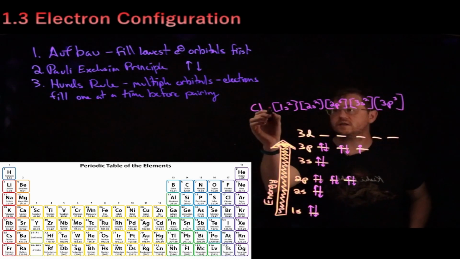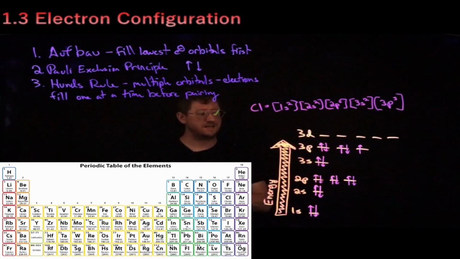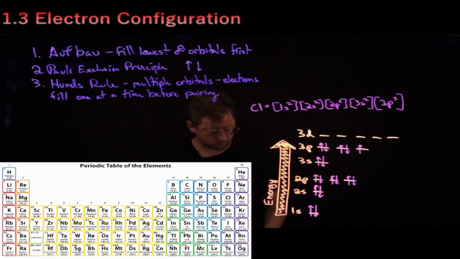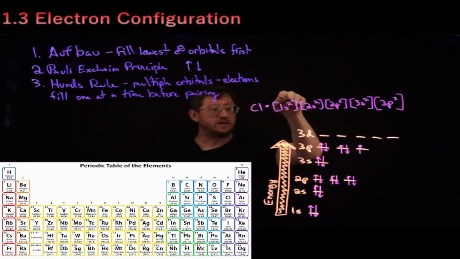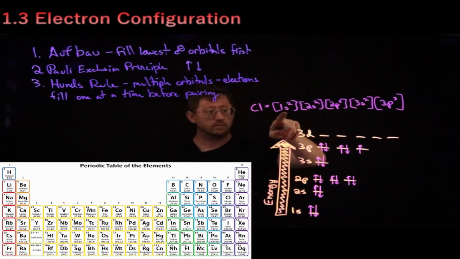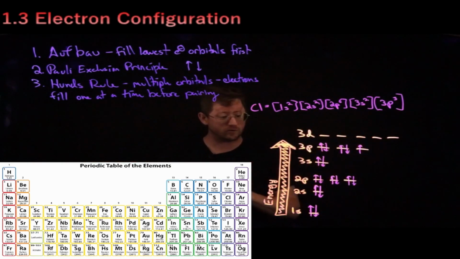And so chlorine's electron configuration is represented in this manner, where we have started with the lowest energy orbitals, and we progressively fill those in.